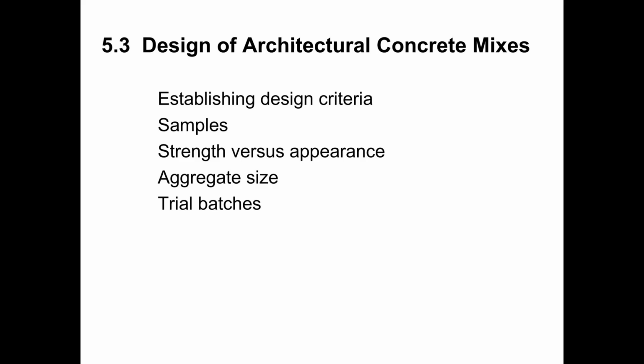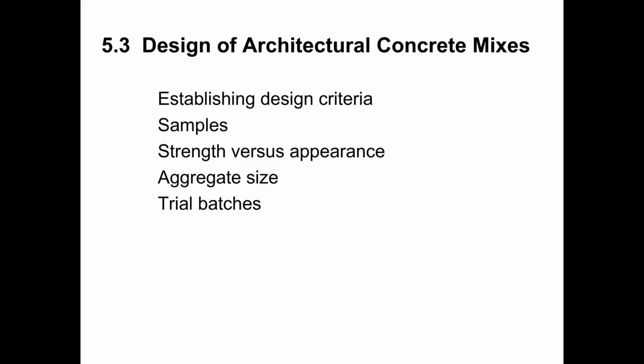All right, so once we've got approval for the appearance of the mix design, then we need to shift gears and we need to start looking at, okay, how do we achieve the required strength performance out of this mix? How do we achieve the desired workability? We may be using a gap graded aggregate in order to achieve the desired appearance.